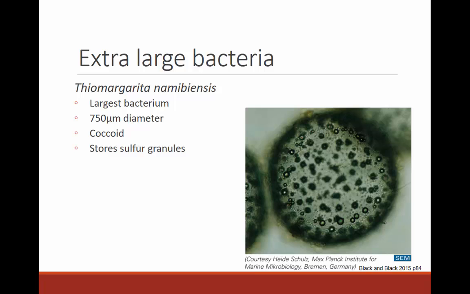Okay, so they are really, really interesting large bacteria. Now, I've called them extra large because if you look at the volume, they're probably larger than the elongate ones that we had a look at before. But it's very rare for sulfur to be stored in vesicles.